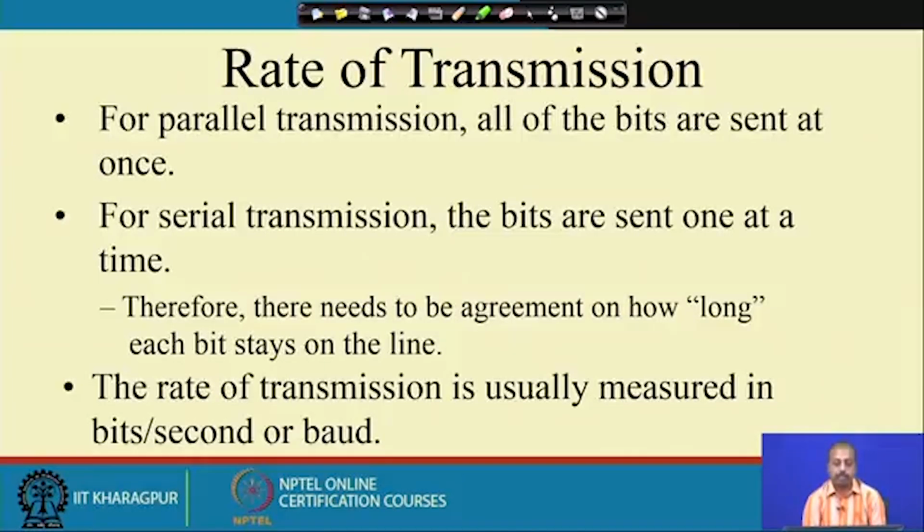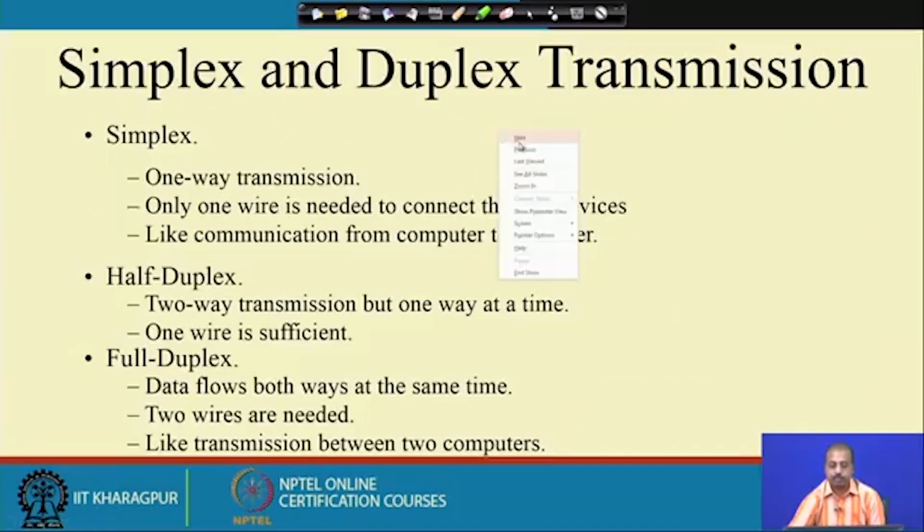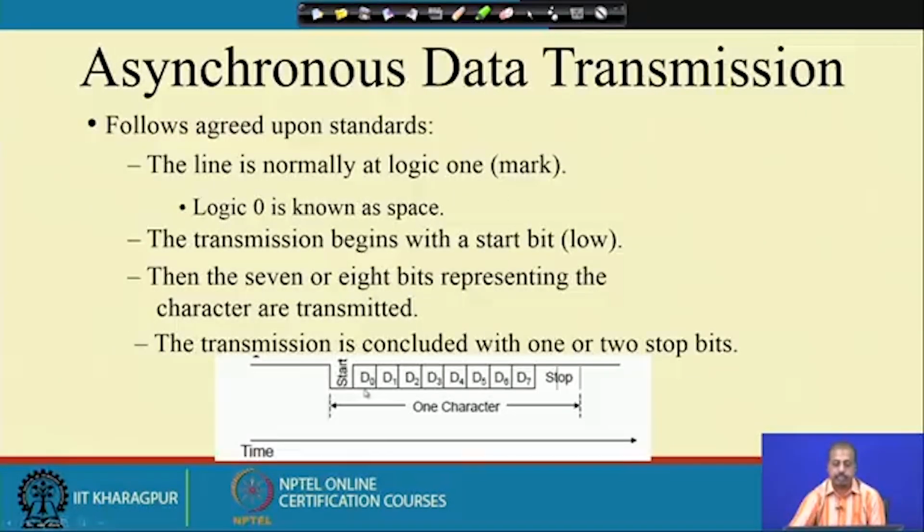Because the bits will go serially, and the transmitting and receiving devices may not be operating on the same clock, we have to have an agreement on how long one bit time is. If you look at this diagram, I have said that this is D0, this is D1.